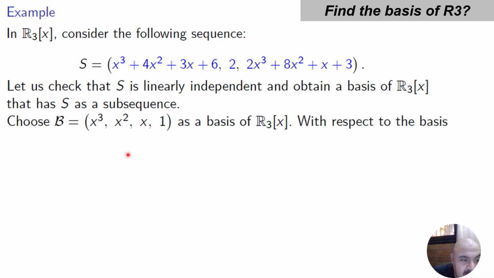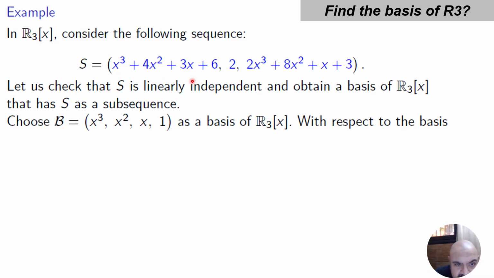Now, considering the basis to be x cubed, x squared, x, and 1, according to the linear combination, I can multiply all these vectors by the coordinates. In my case, for the first vector, the coordinates will be 1, 4, 3, and 6. And the same for the second and for the third.